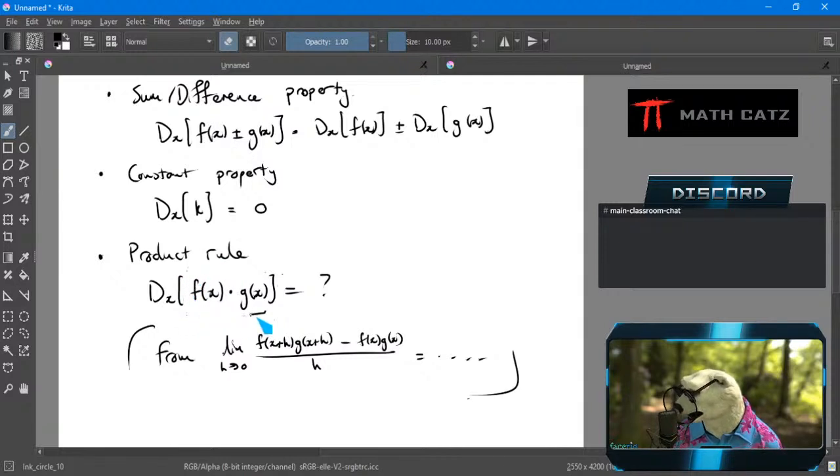And I might want this property to be similar to the sum difference property. Saying, well, if I look at the sum difference property, I had two pieces added and subtracted. I just separate them and then put them together in the same way. So why wouldn't I be able to do the same thing here?